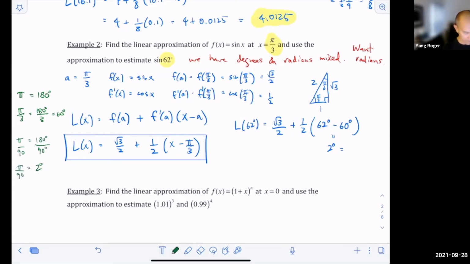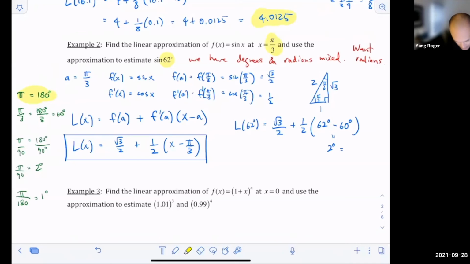Or you could do, I guess the traditional way, pi over 180 is equal to 1 degree, and you'd multiply both sides by 2. Maybe that's the better way to think of it. It's all just this basic identity and manipulating that.